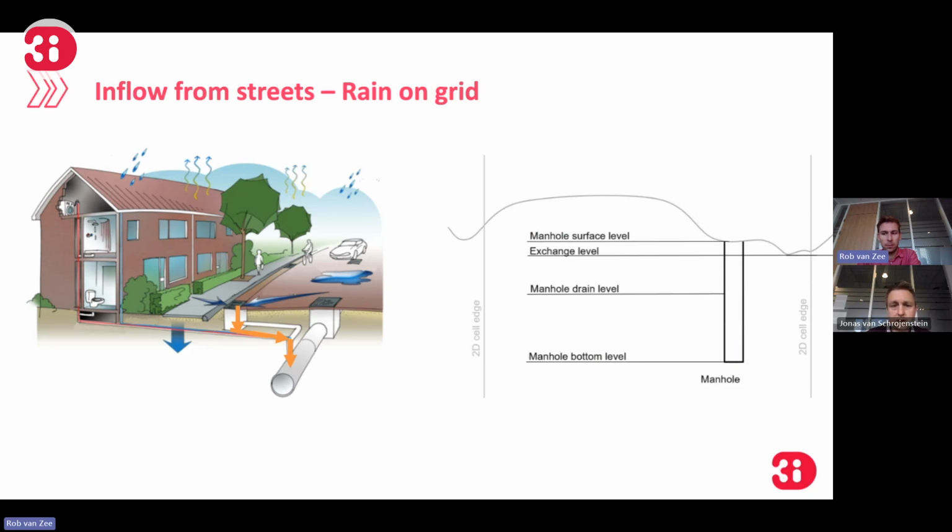So how does that work? What you can see here in this picture and also in the orange arrows, basically the water is going from the streets into the sewer system, and it does that on a certain exchange level that either the user defines or that 3DI takes from the pixels in the computational cell.